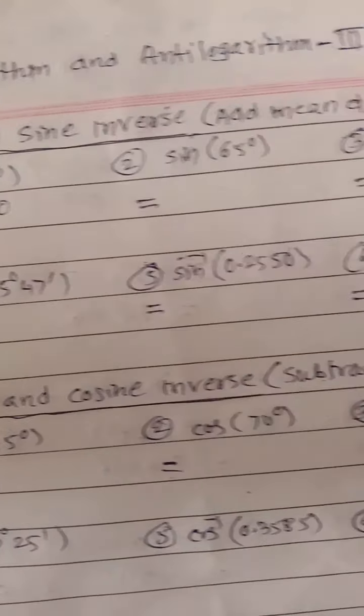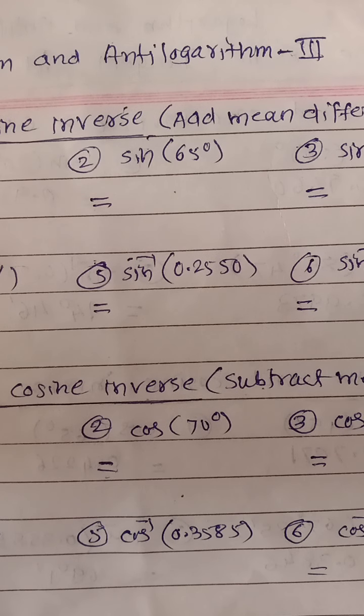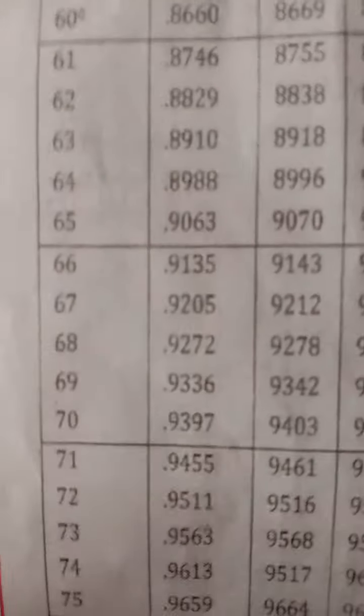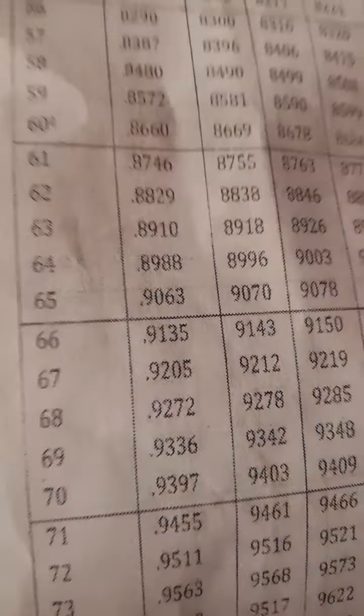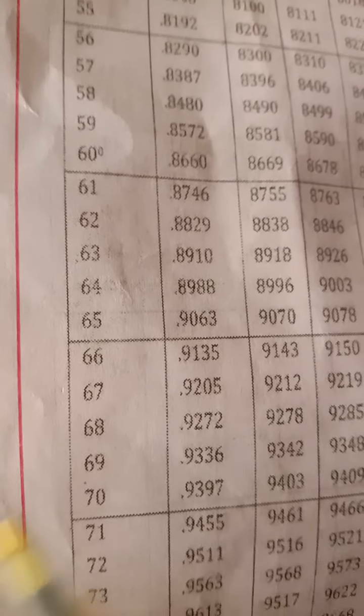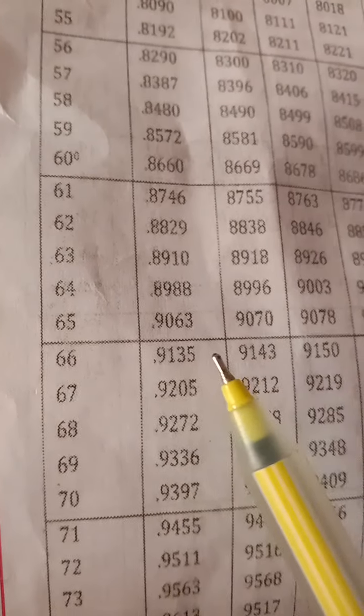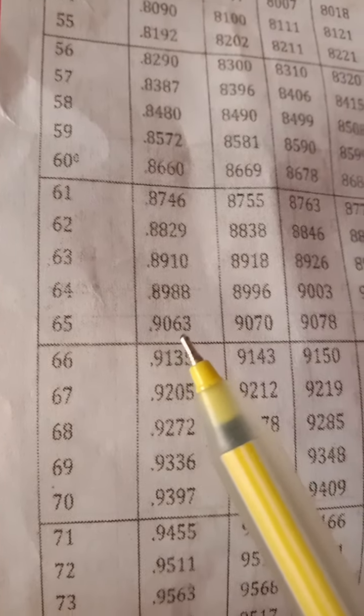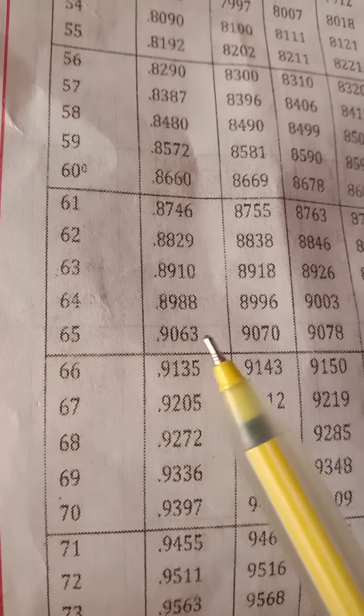Similarly, another example we will consider it as sine 65 degree. Again, it is expressed in terms of degrees only, and therefore in this table again we will consider sine 65. So if you consider 65, it comes here 65, and its value is now here 0.9063.